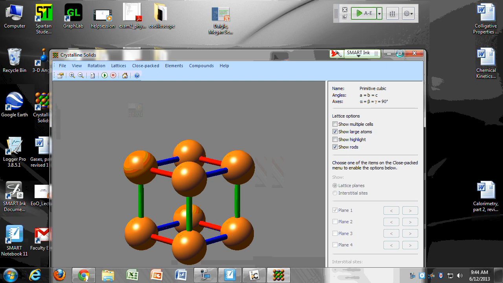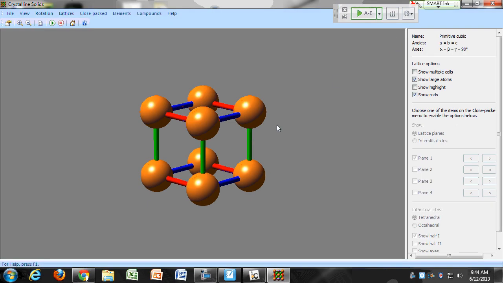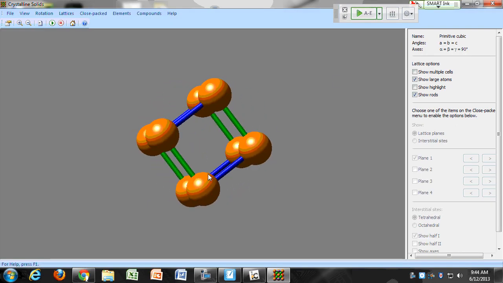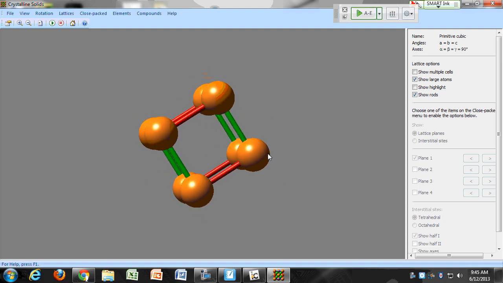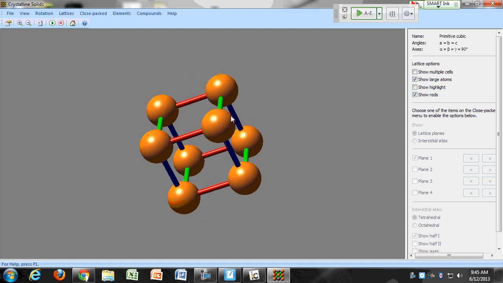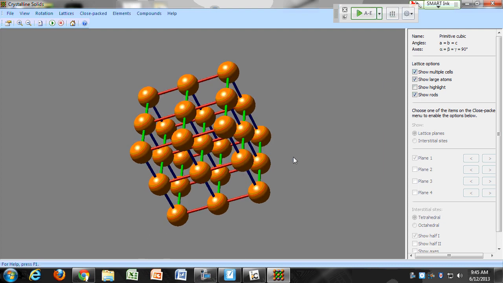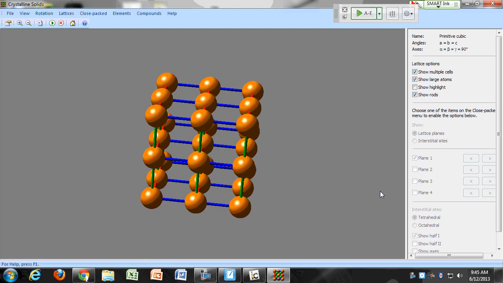So this is a cubic cell, so you can get a better visualization. That's one simple cubic cell. You can see there is one atom at each of the 8 corners. And if you want to show multiple cells, several of these cells together, then that's what you get right there.